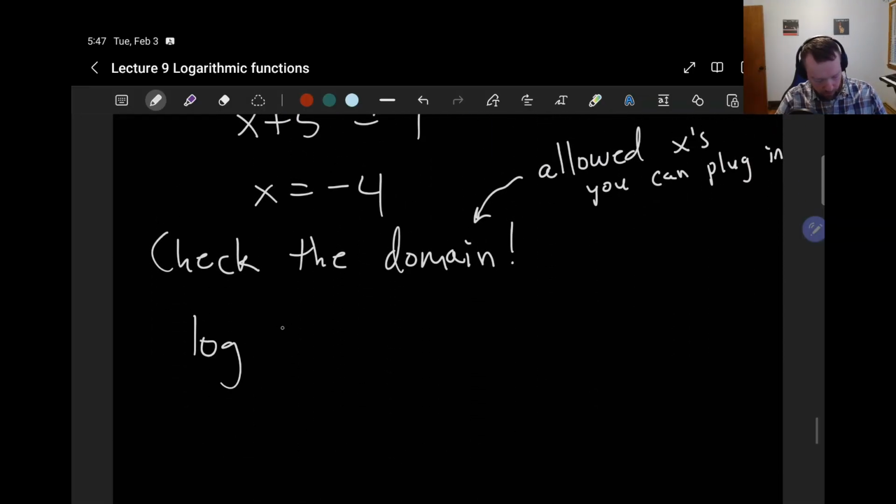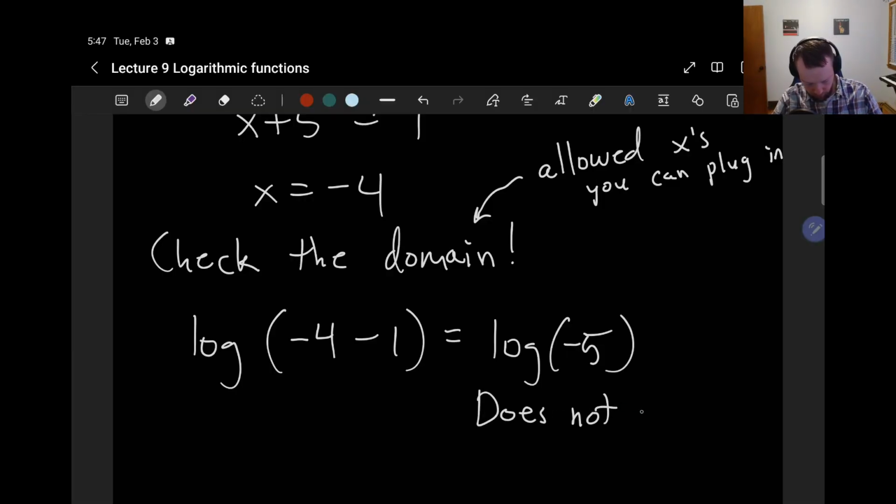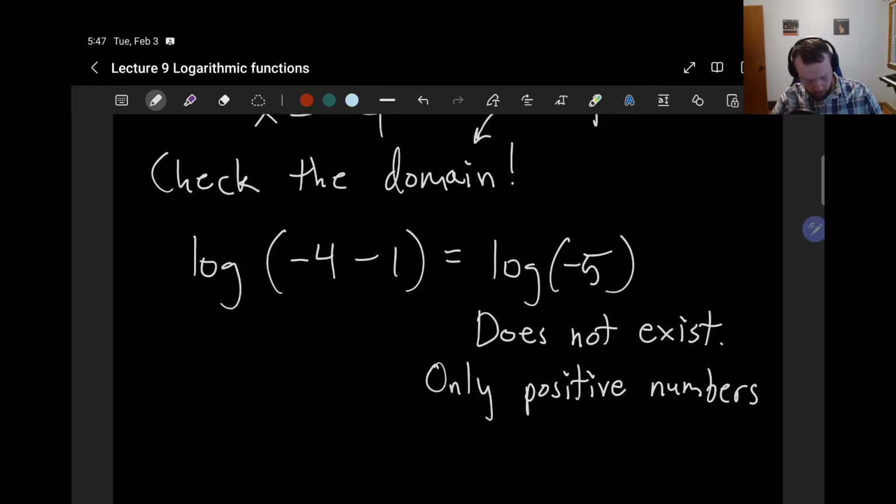So log of x minus 1, if I plug in -4 for x, that's log of -5. This does not exist. Only positive numbers can go into a log.